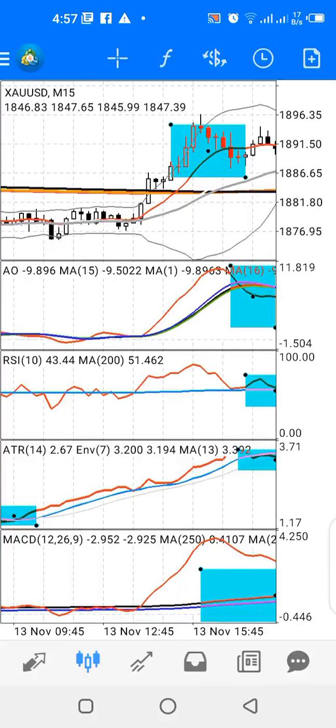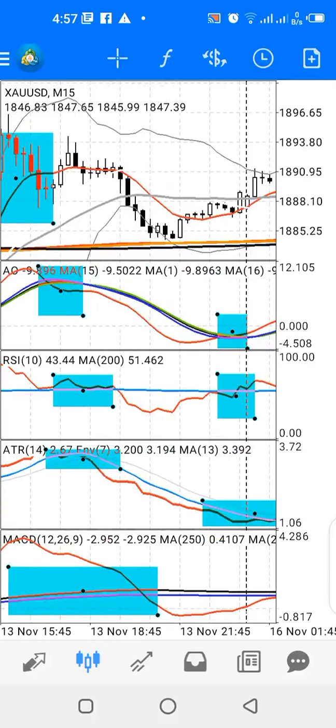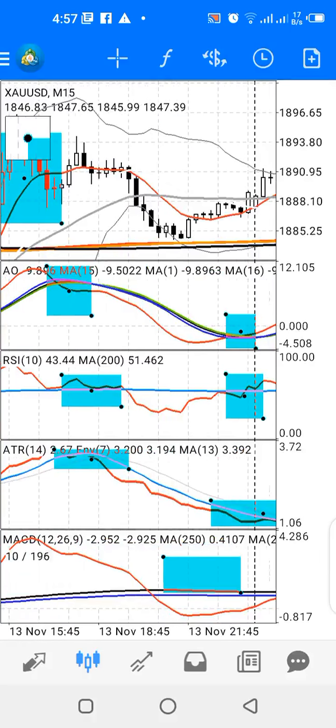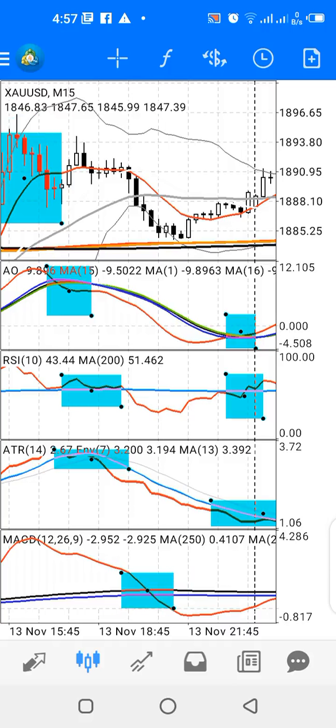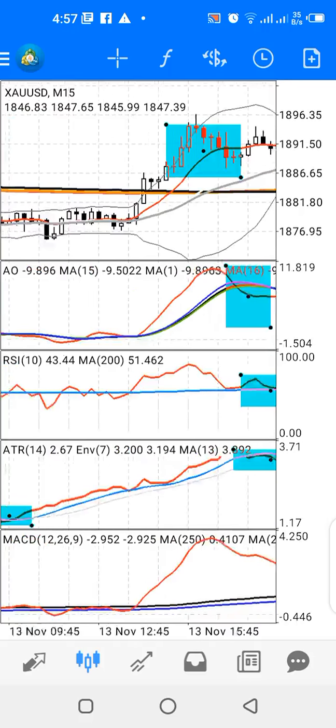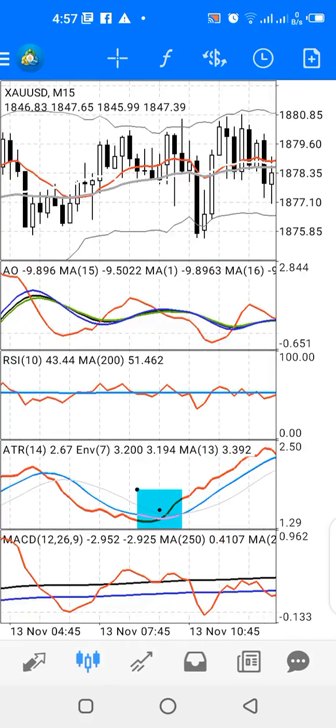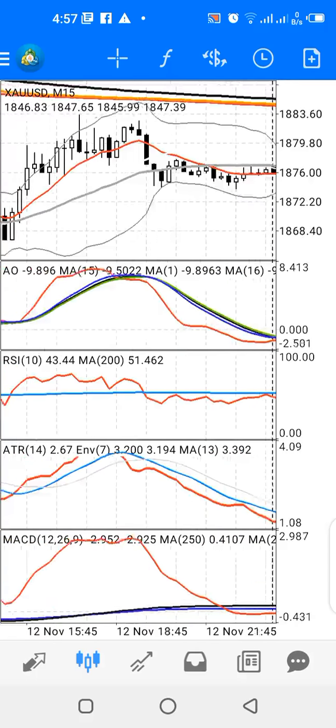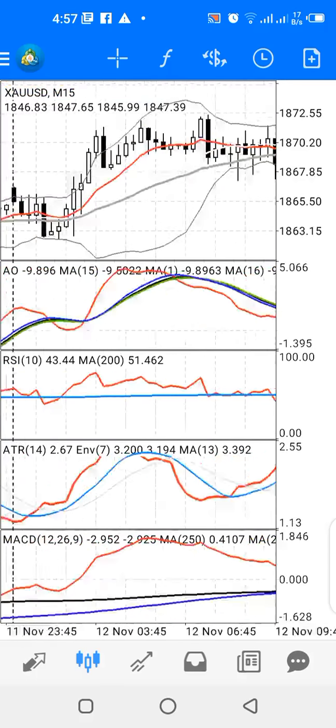Now let's look at how it works. Obviously, when you have the cross down, when the red line crosses down below the blue and the black lines, you have your sell signal. When it crosses up, let's look for where it crosses up.